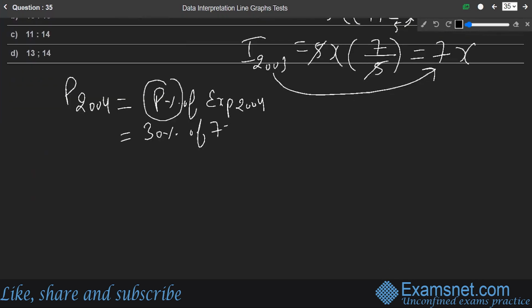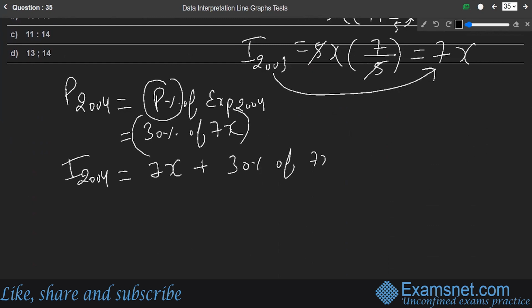So 30% of 7x. Now, income in 2004, income is always given by expenditure plus profit. So what was the expenditure in 2004? It is simply 7x, plus the profit in 2004, which is 30% of 7x. If we add this together, 7x can be taken common. It's 1 plus 30 by 100. 30 by 100 can be cut as 3 by 10.